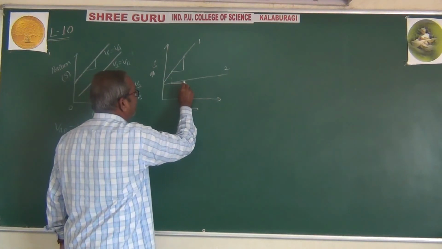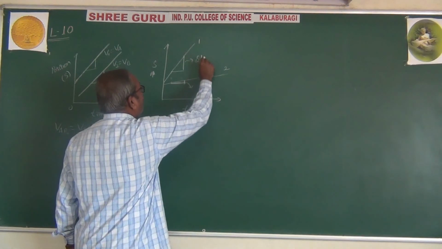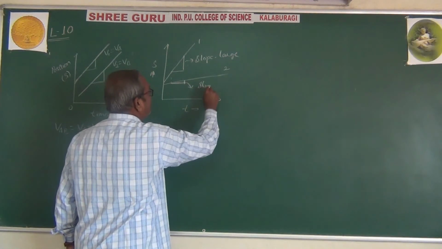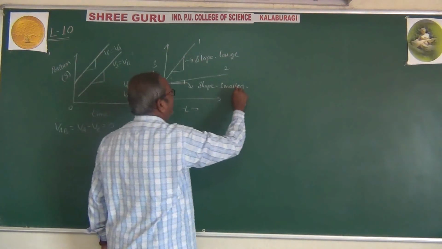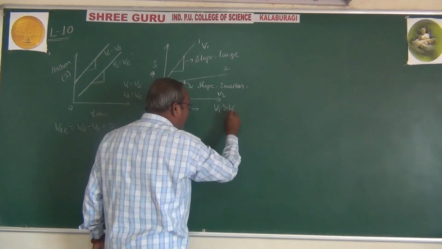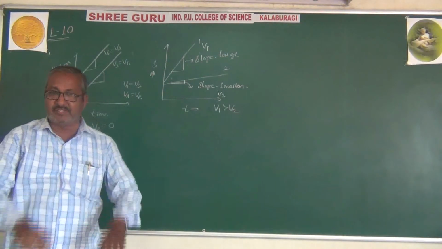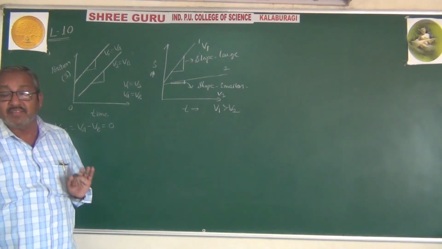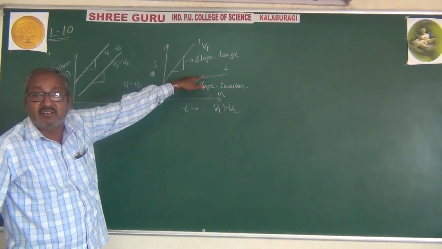Here the slope value is large, here the slope value is smaller. So v1 is greater than v2. Both are positive velocities, but v1 is greater than v2 because the first curve has more slope than the second curve.